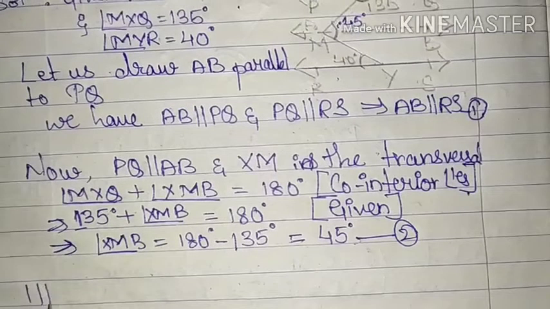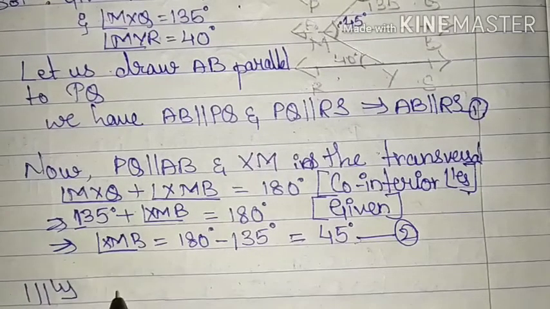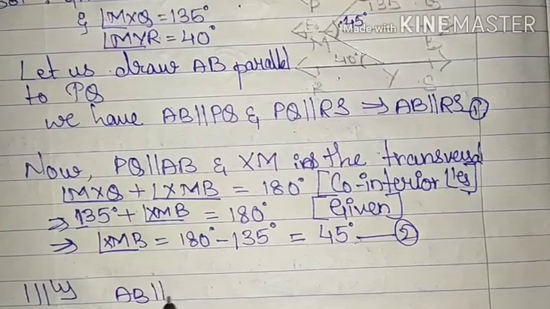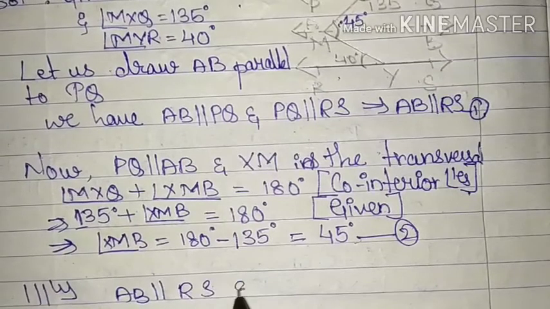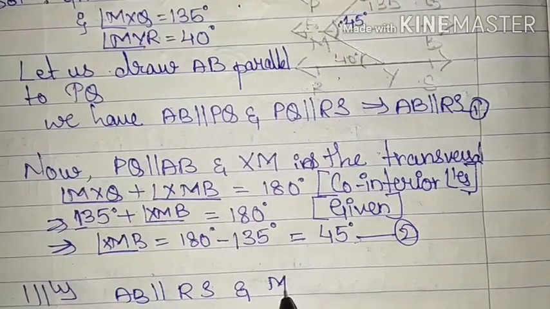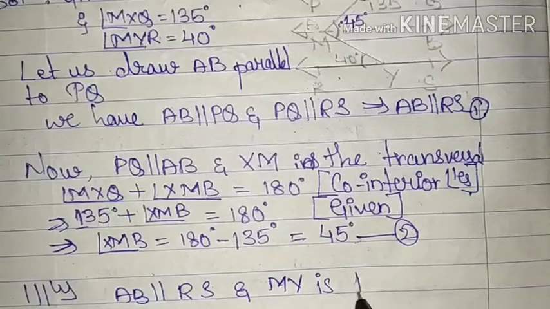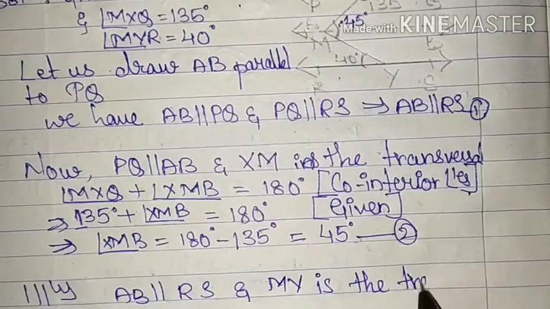Similarly, AB is parallel to RS and MY is the transversal.